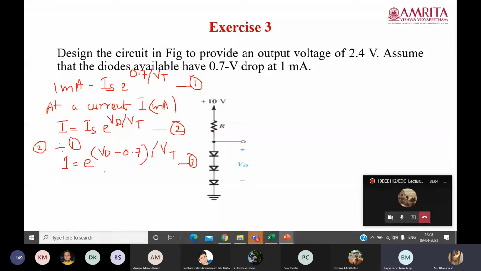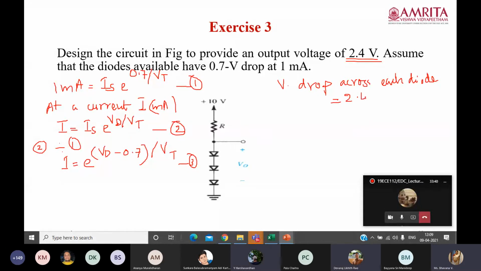Now take down. For an output voltage of 2.4 volt, which is given in the question, the voltage drop across each diode will be how much? 0.8, ma'am.